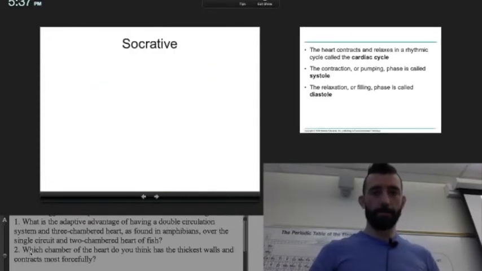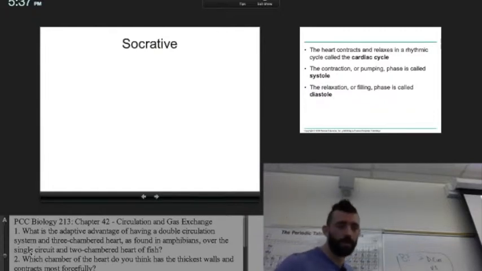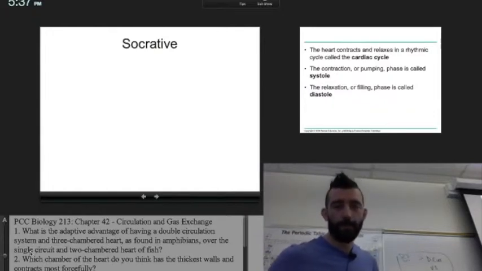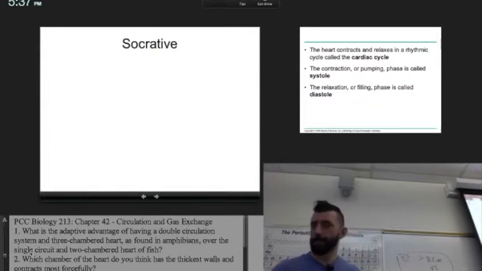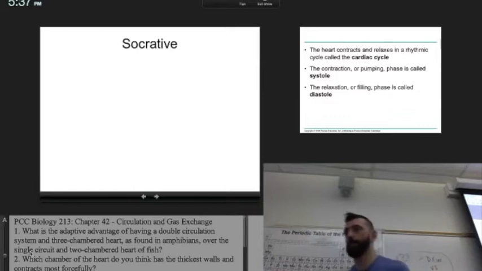All right, let's ask some Socrative questions about that. First question: what is the adaptive advantage of having a double circulation system and three-chambered heart, as found in amphibians, over the single circuit and two-chambered heart of fish?